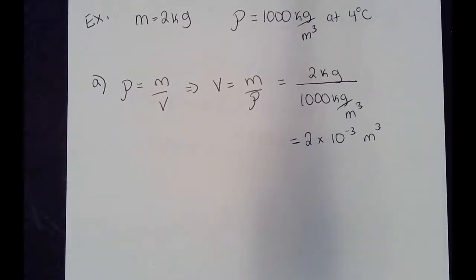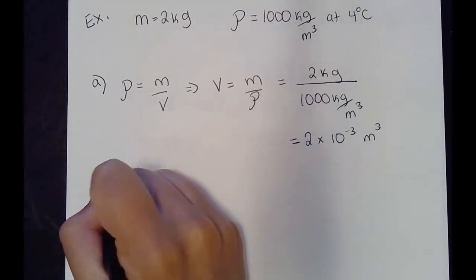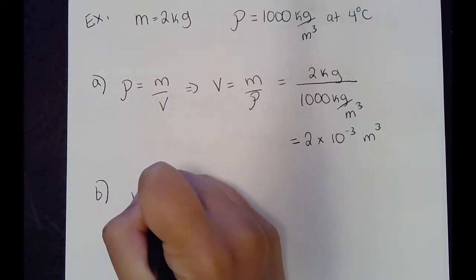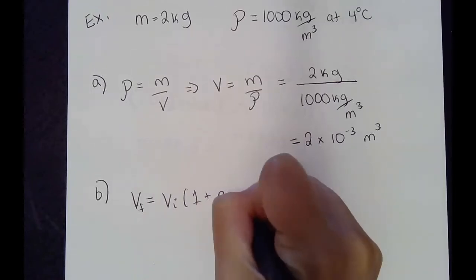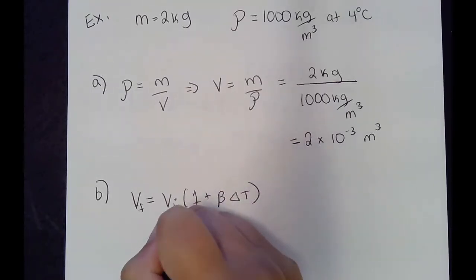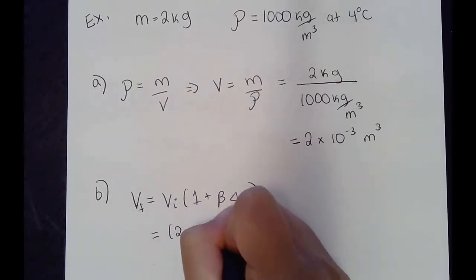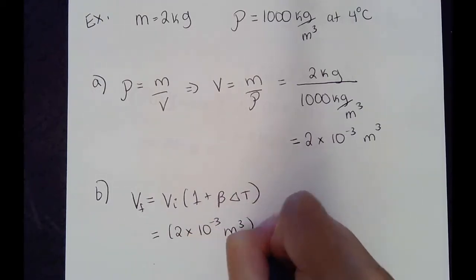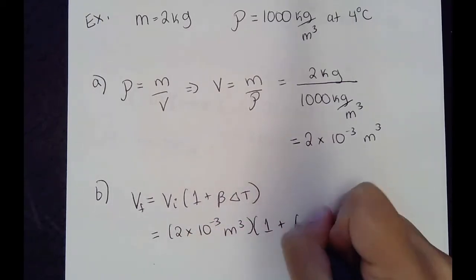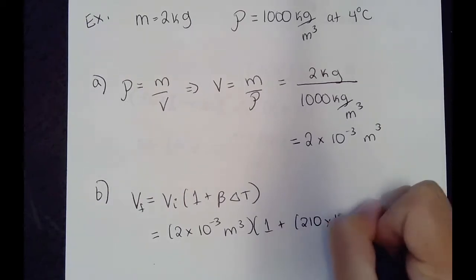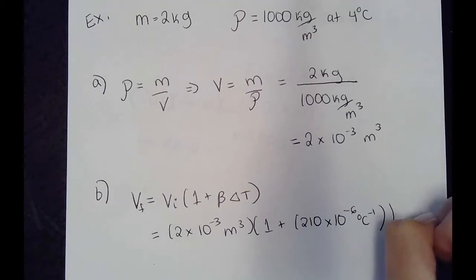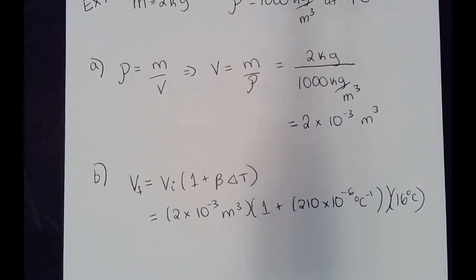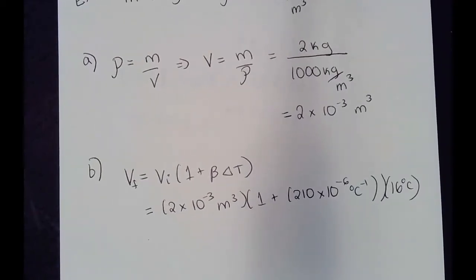All right, now to find the final volume at the final temperature, we have VF equals VI times 1 plus beta delta T. So that's 2 times 10 to the negative 3 meters cubed times 1 plus 210 times 10 to the negative 6 per degree Celsius times 16 degrees Celsius, since it's being increased to 20 degrees from 4 degrees.